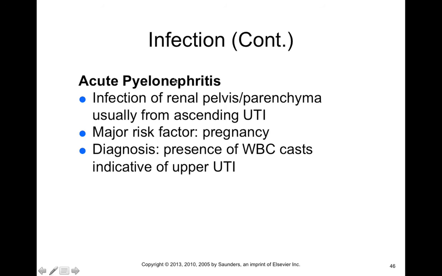The diagnosis of acute pyelonephritis is fairly simple in the sense that if you find white blood cell casts or cloudiness of urine, this is indicative of upper UTI, because these casts will form within the structures of the ureter or even the kidney itself. Basically, a cast is white blood cells that take on the shape and form of urinary tract structures.